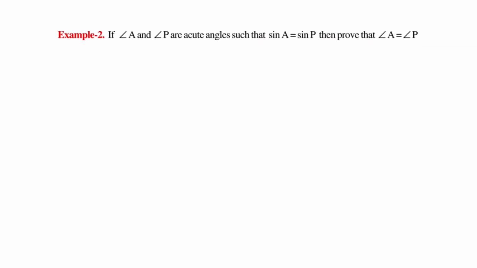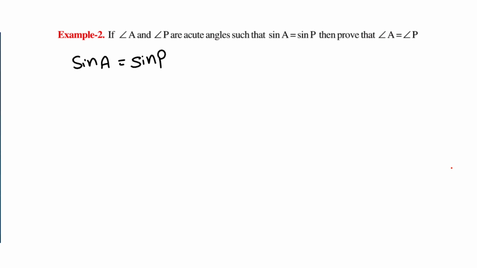Second example: if angle A and angle P are acute angles such that sin A equals sin P, then prove that angle A equals angle P. In this example, given that sin A equals sin P, and angle A and angle P are acute angles.